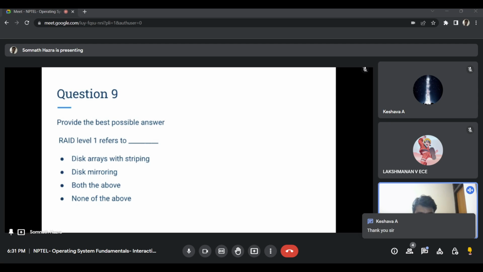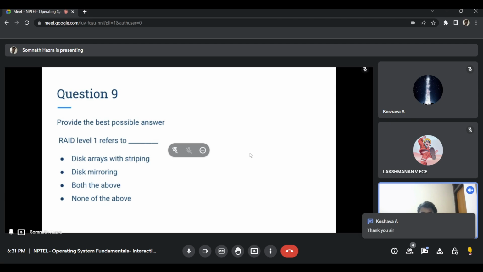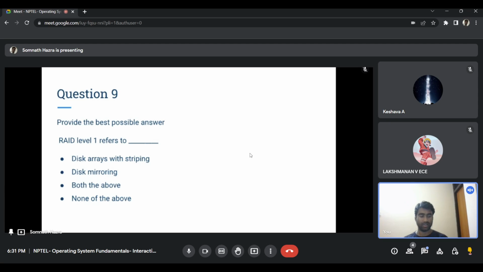Anyway, let's continue with the question. What I was saying is that when multiple copies are created of the same data, that is known as disk mirroring. And in disk arrays with striping, a byte of data is distributed among several disks.